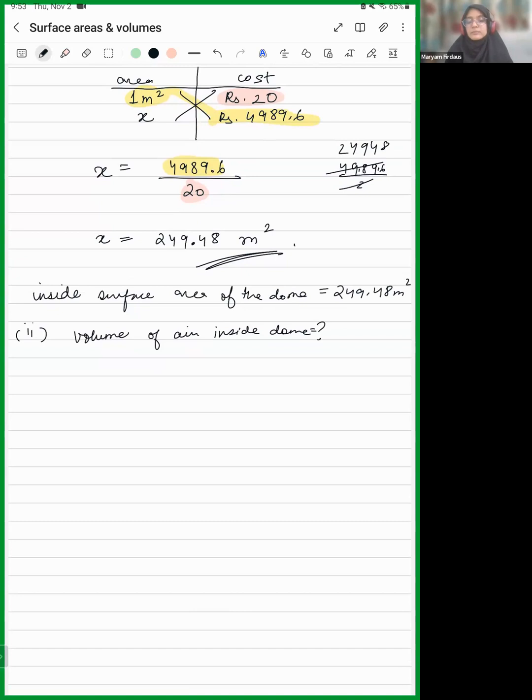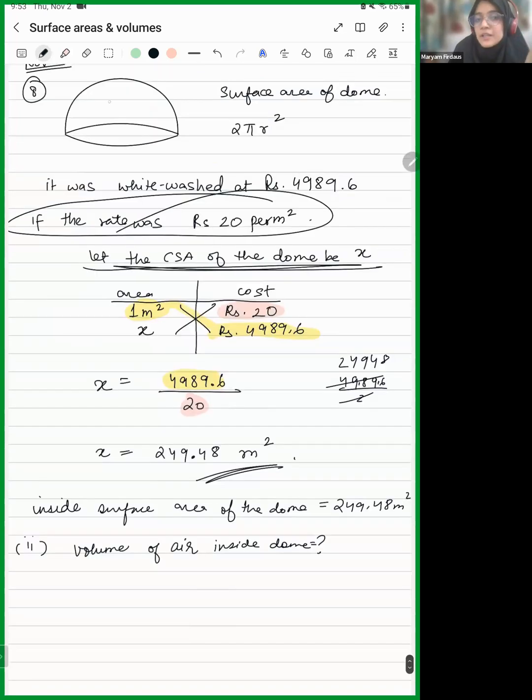What did you write for the question? Volume of air inside the dome? Yes, air inside. Because see, if this is the dome, then what is the surface area of the dome?